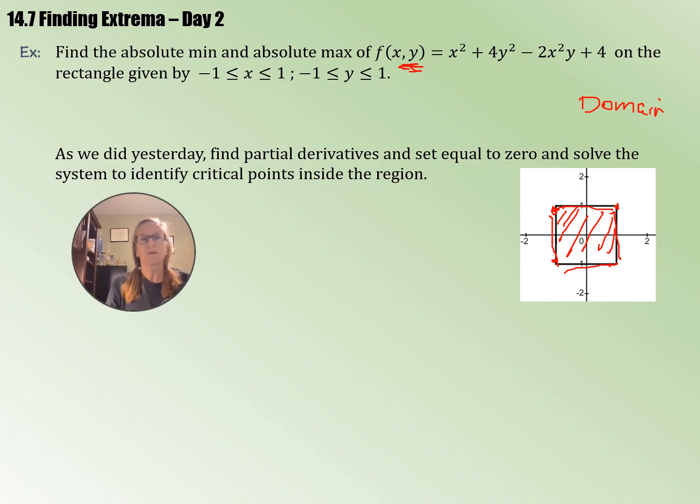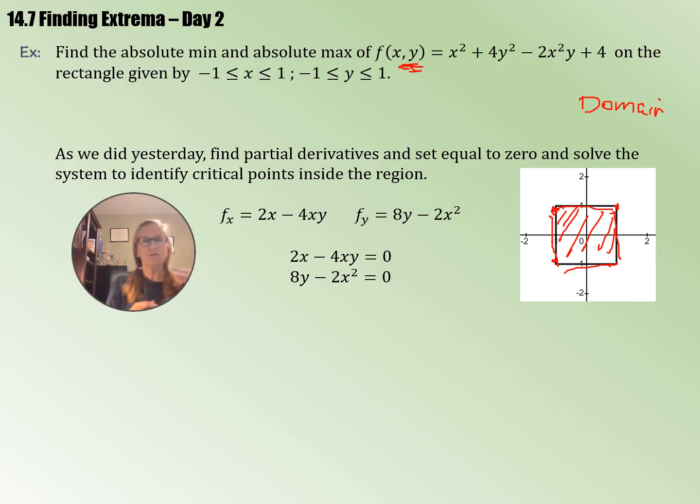So partial f with respect to x is what? 2x minus 4xy. And then the partial with respect to y is 8y minus 2x squared. Just like we did yesterday, create a system where those are both equal to 0.